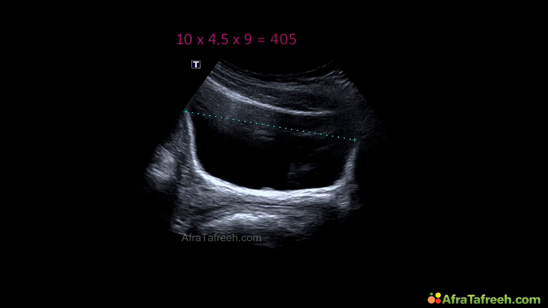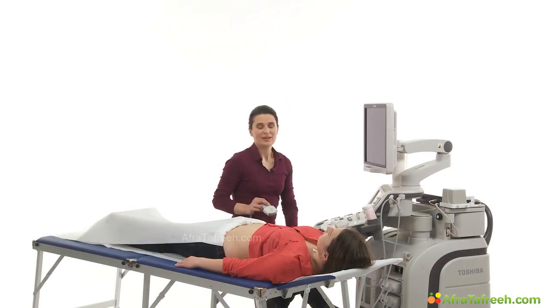This is 405 milliliters, and this divided by 2 is about 200 milliliters, which is a normal volume for a filled urinary bladder.